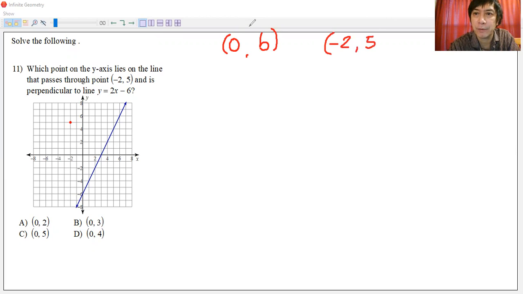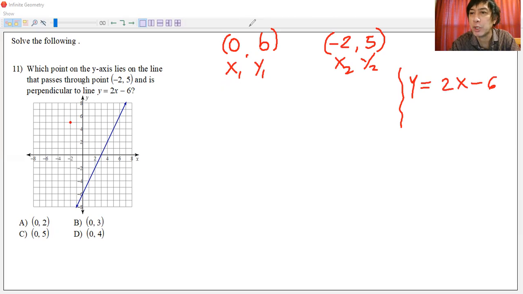Negative 2, 5, there. So we can use these 2 points and use the slope perpendicular to the given line, okay? So if we label this x1, y1, x2, y2, and then the given line that we have has y equals 2x minus 6.